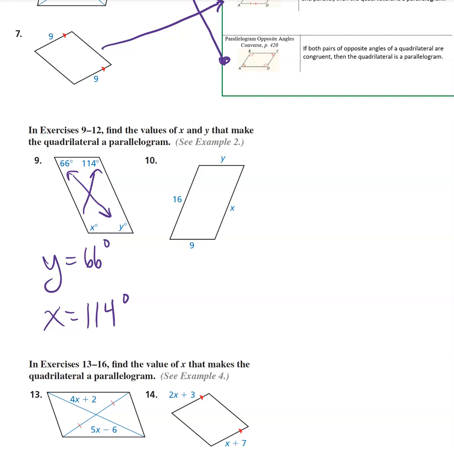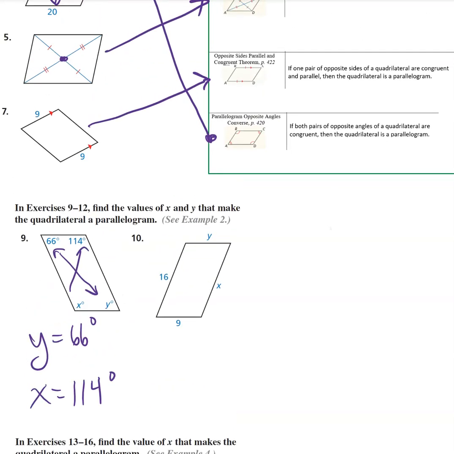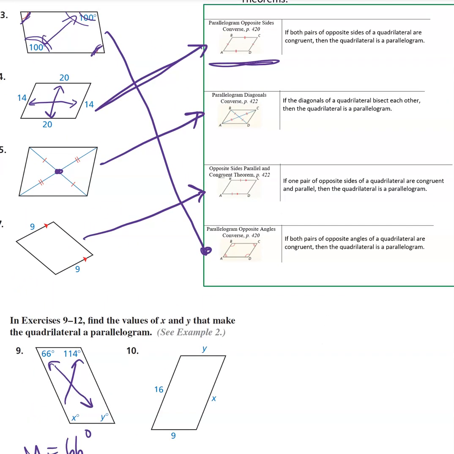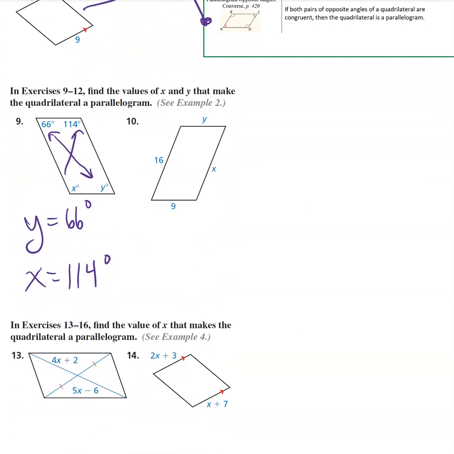On number 10, they're giving us side lengths, so we use the opposite sides converse, which says that if the opposite sides are congruent, then it's a parallelogram. So if x is equal to 16 and y is equal to 9, that would make this a parallelogram.